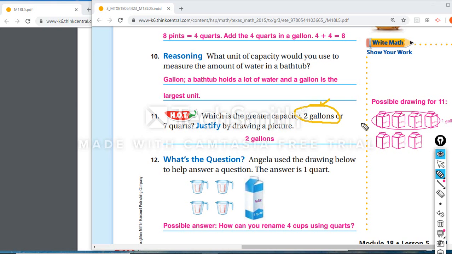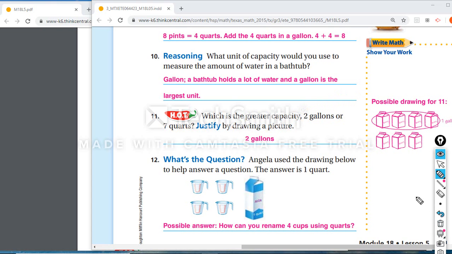There are 4 quarts in 1 gallon, so 2 gallons gives me 8 quarts. Which is larger? The 2 gallons is larger. Again, I convert the gallons into quarts so I can measure correctly and logically make my choice.